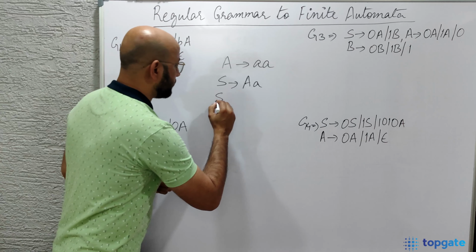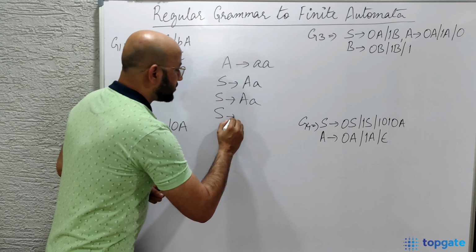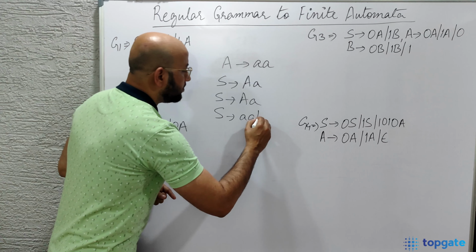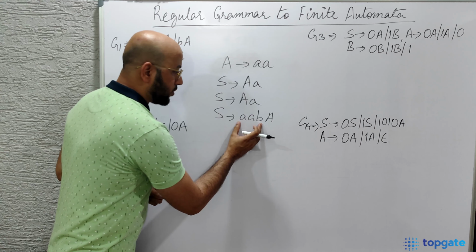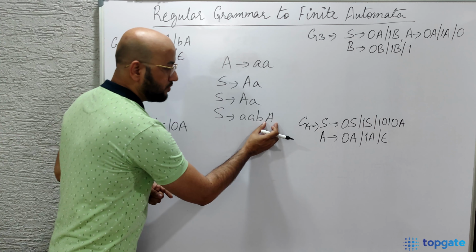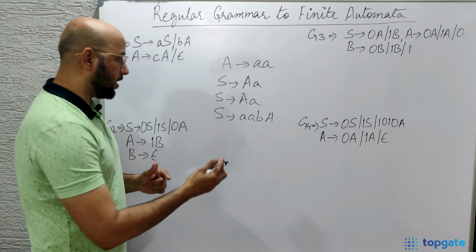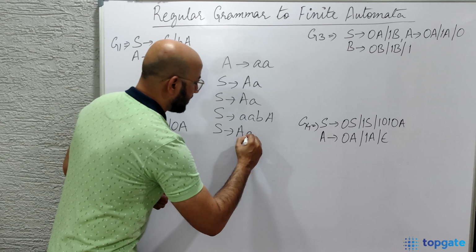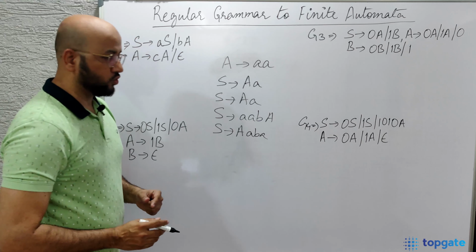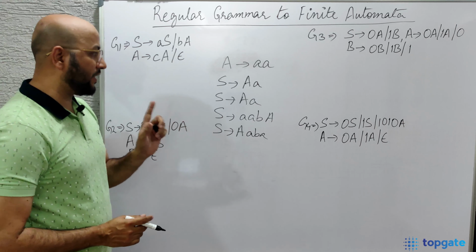So I can have S tends to aS, or I can have S tends to abS. That means any number of terminals are possible followed by a variable, or a variable followed by any number of terminals. We can have it this way also, S tends to Sa, Sab, and so on. Clear? So all these types of production rules are possible in a regular grammar.